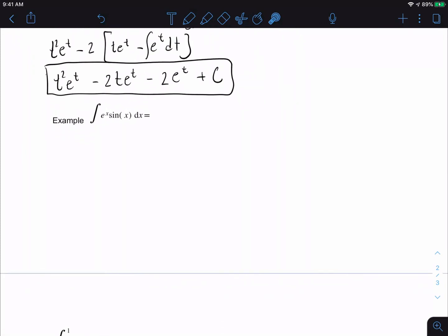So in this problem here, again, what should be my u? Sine x. So according to what we have, it should be sine of x, right? And then my dv should be e to the x dx. Agreed?